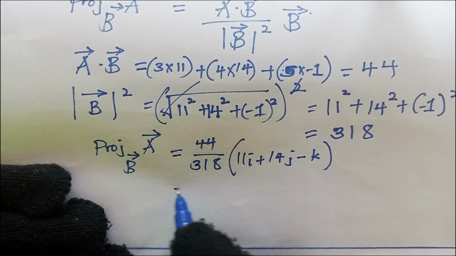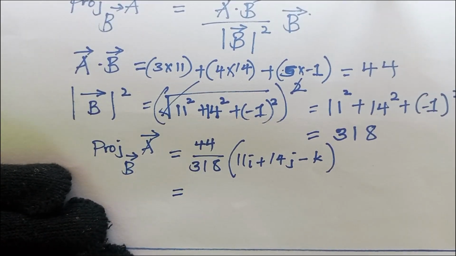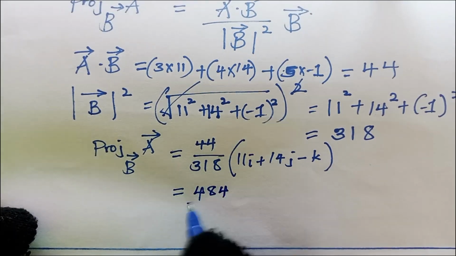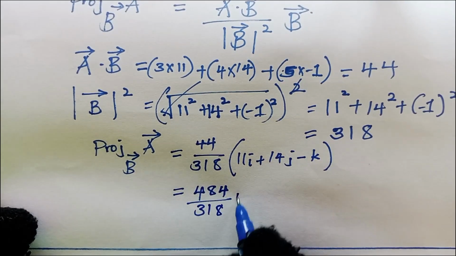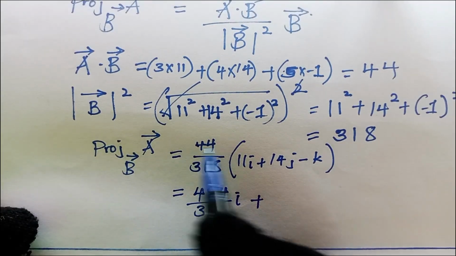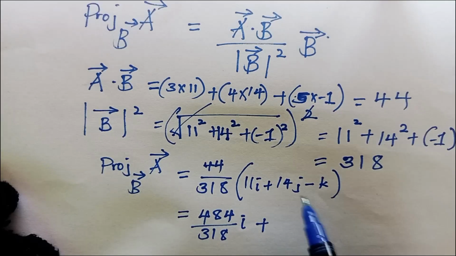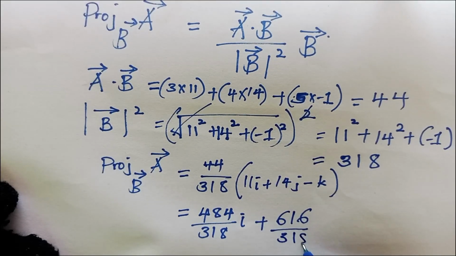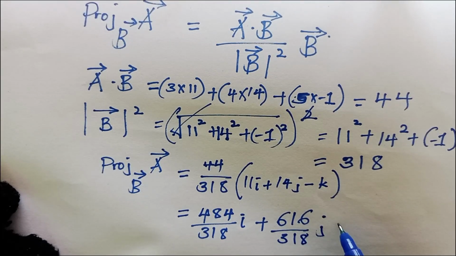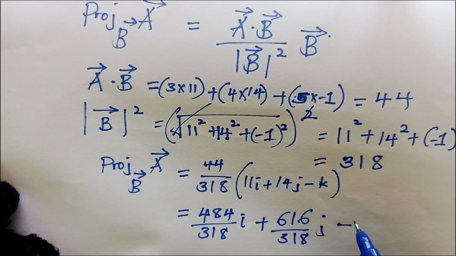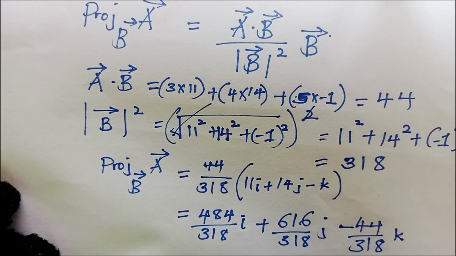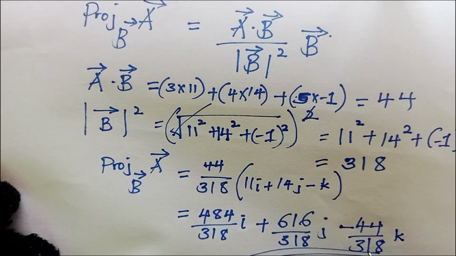It will give us 44 times 11, 484 over 318 i plus 44 times 14 will be 616 over 318 j minus 44 times 1 is 44 over 318 k, and this is the vector projection.